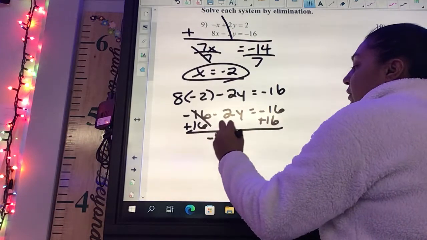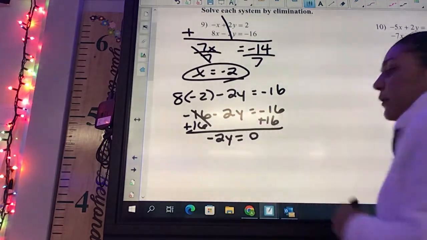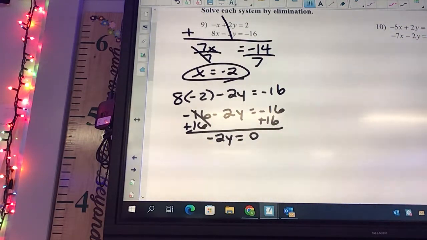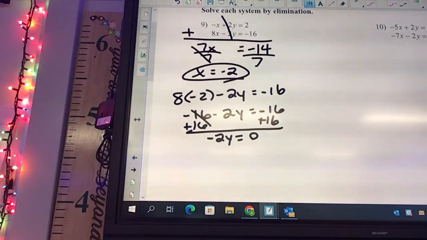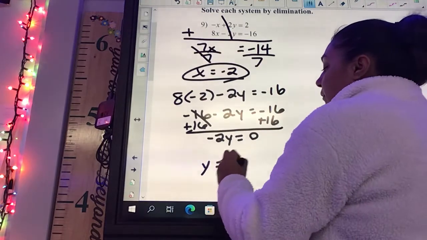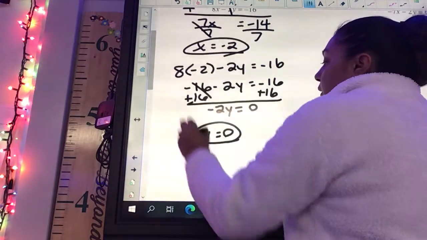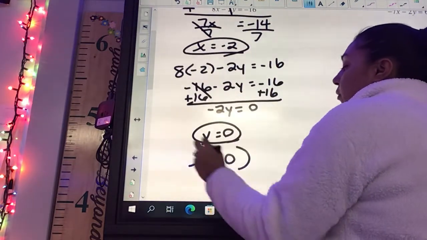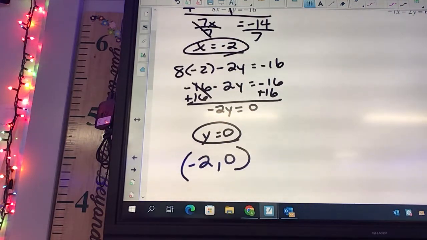So I get -2y equals 0. What is my y going to be? 0. Okay, once we ended up having that 0 on that side, and you divide by -2, my y is going to be 0. Okay. So I got -2, 0 for my solution. Okay, my answer.